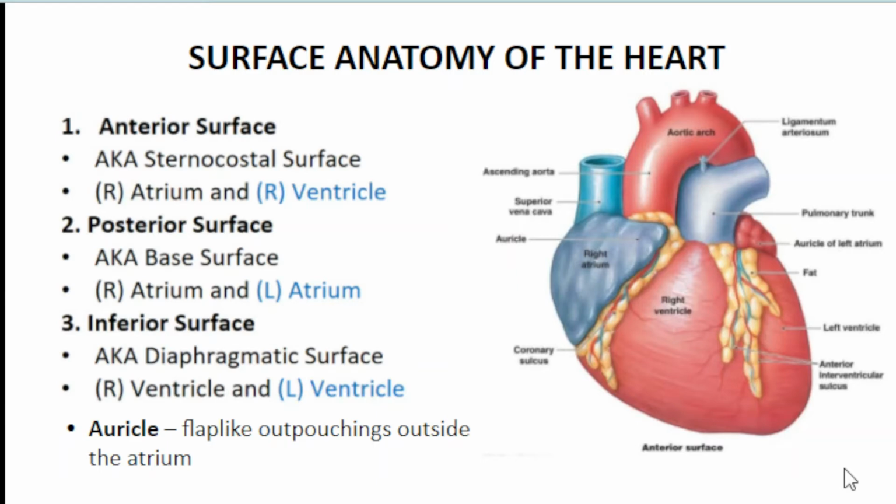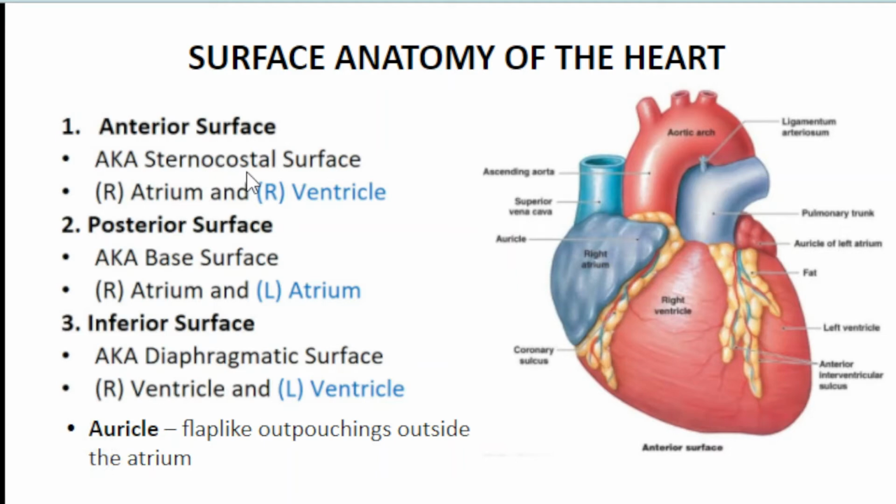So basically, when we open up the chest of the patient and we remove the sternum and we remove the ribs, the way that we will see the heart is what we call the anterior surface. So it is also called sternocostal surface because the anterior aspect is in communication or is attached to the sternum and to our ribs. So sternocostal surface.